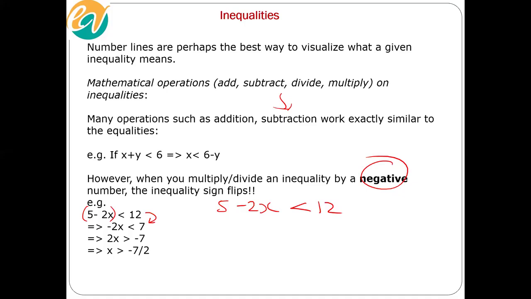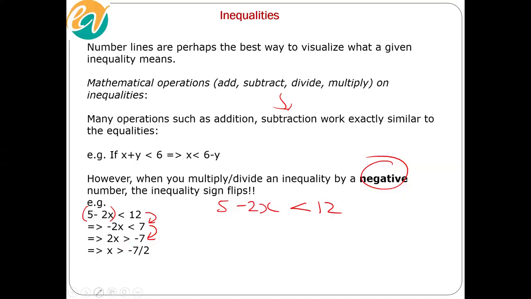I just subtract 5 from both the sides and retain the inequality sign, which in this case is lesser than. From here to here, what did I do? I multiplied both sides of the inequality by -1. Since I multiplied both sides of the inequality by -1, a negative number, what happens? Inequality sign flips. So lesser than becomes greater than.